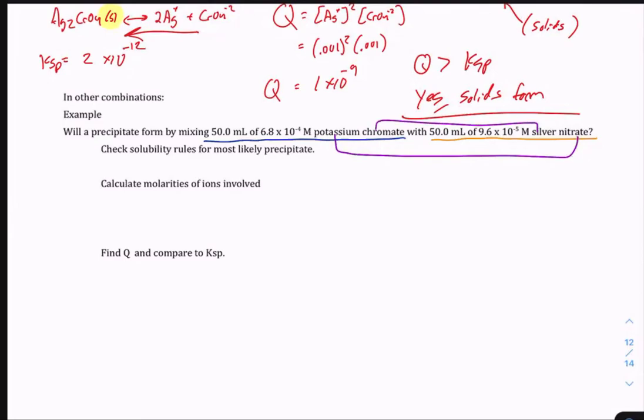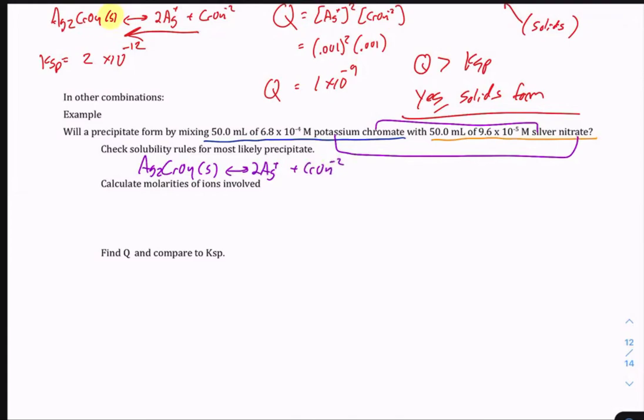Oh, it's silver chromate again. So Ag2CrO4 is the likely precipitate. All right, so my equation looks just like the one we did. Actually, it's the same one we did. Okay, there is our equation.